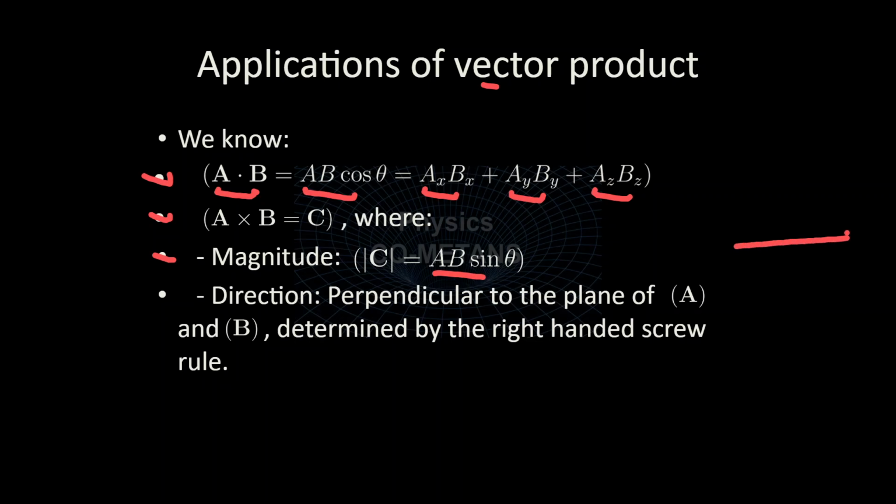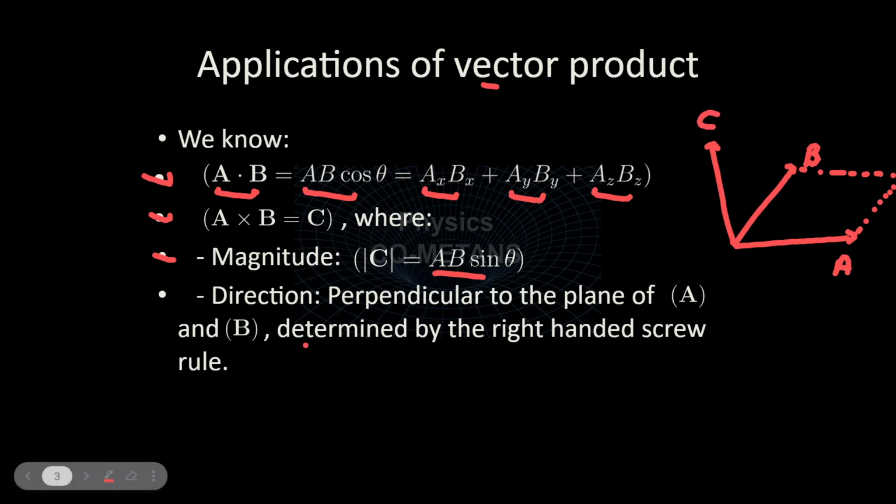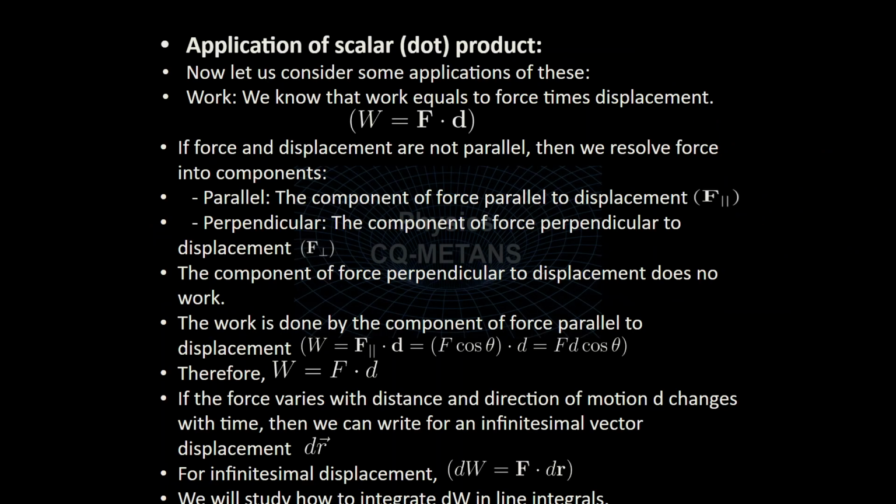So if this is a, this is my vector b, this makes a plane. Any vector perpendicular to this is the vector c, or the direction can also be determined by using the right-handed screw rule.